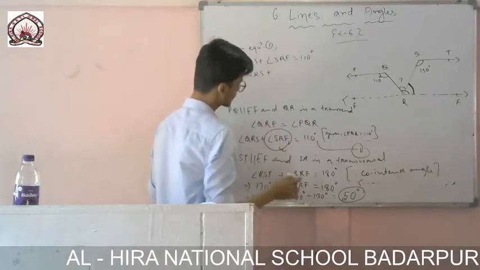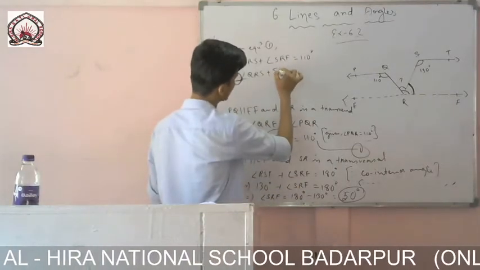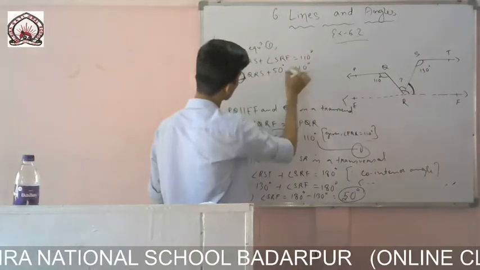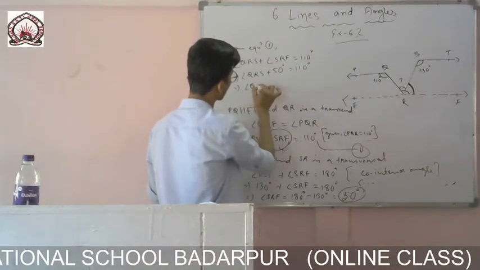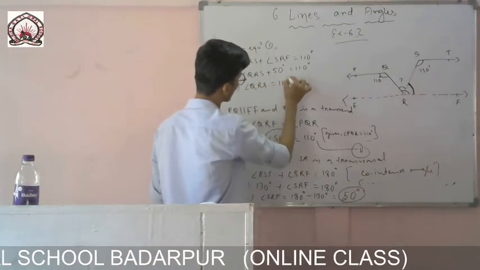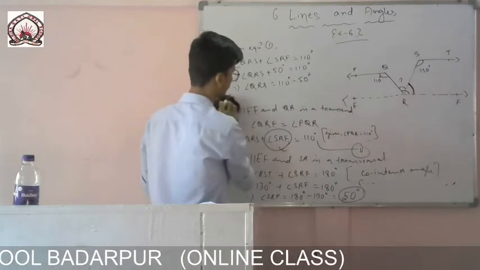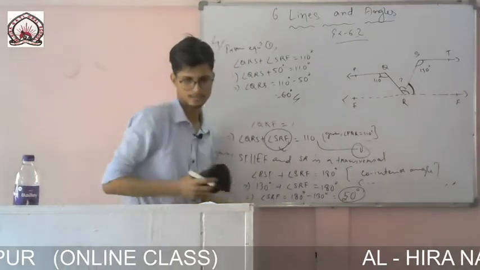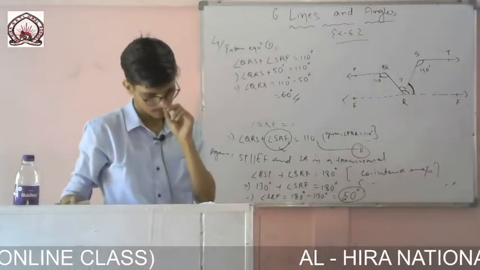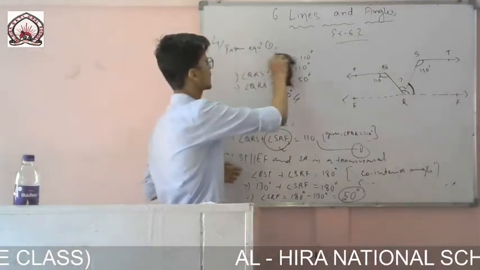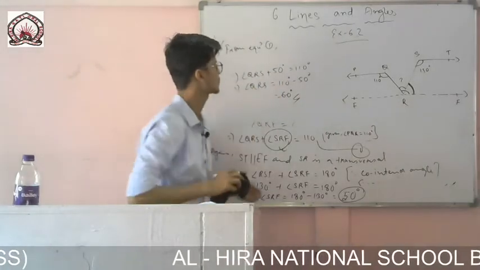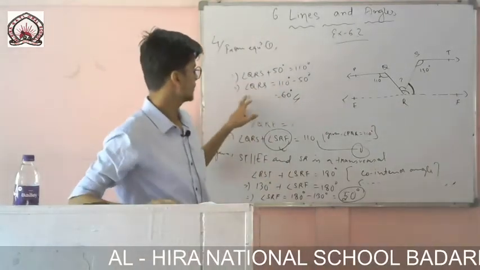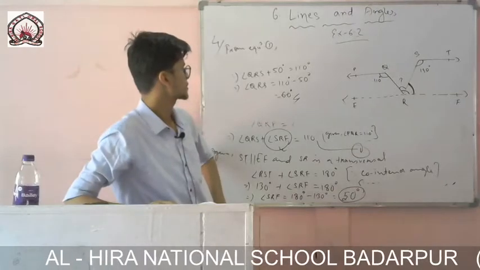In place of SRF you can write 50 degrees. The answer is 60 degrees. No need to write this line directly, since it is from equation 1. So the value of QRS is 60 degrees.